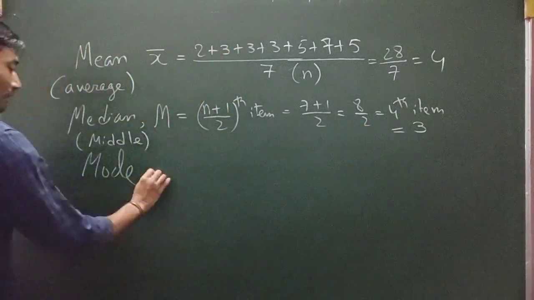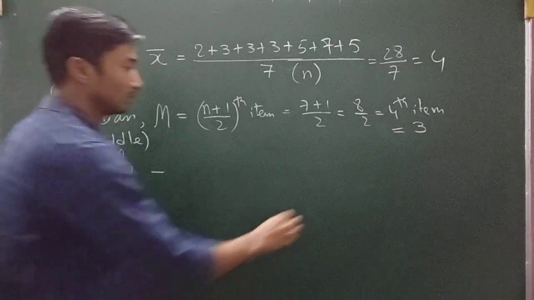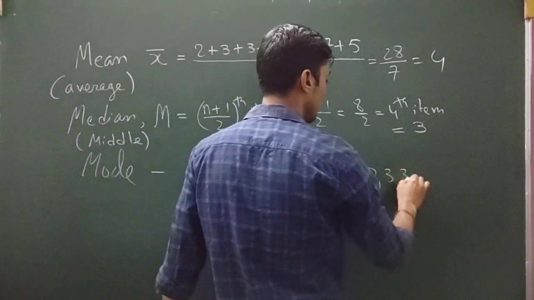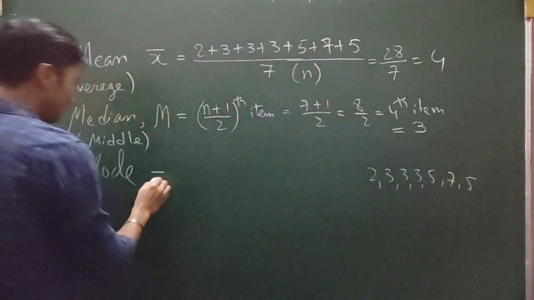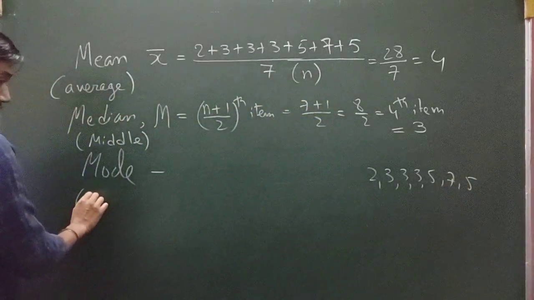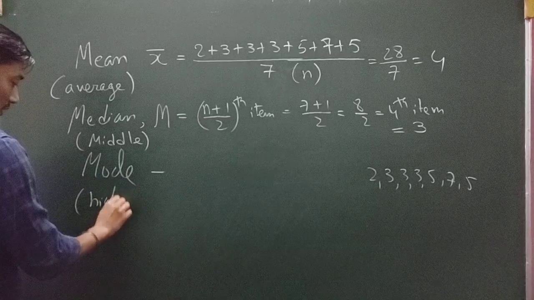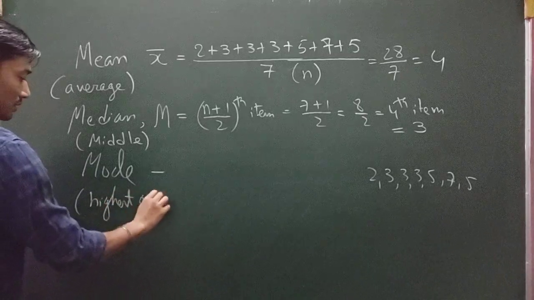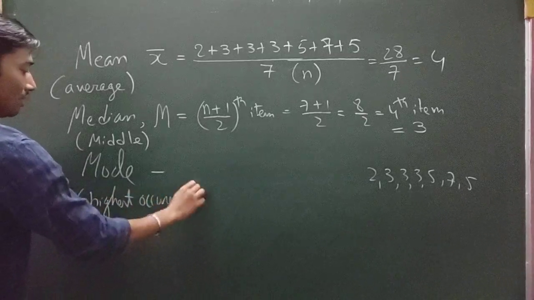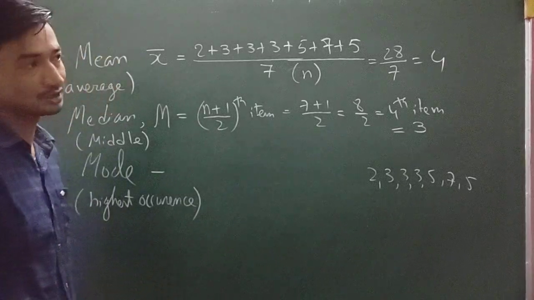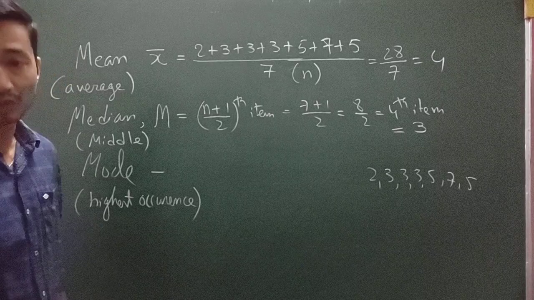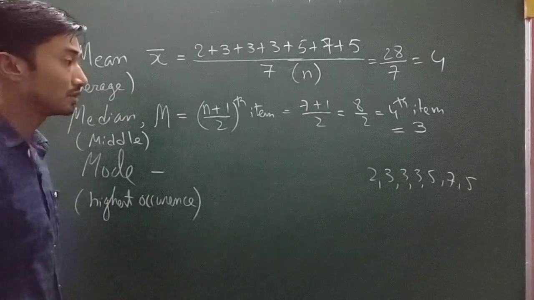The mode represents the highest occurrence, or the value which happens the maximum number of times. The data was 2, 3, 3, 3, 5, 7, 5. That's basically called the mode, something that is happening a majority of times.